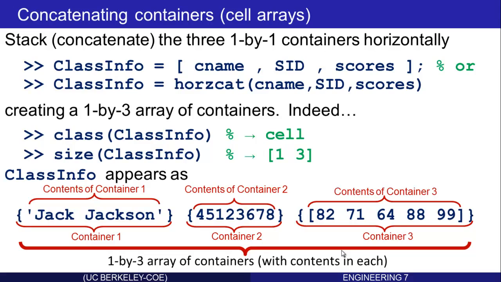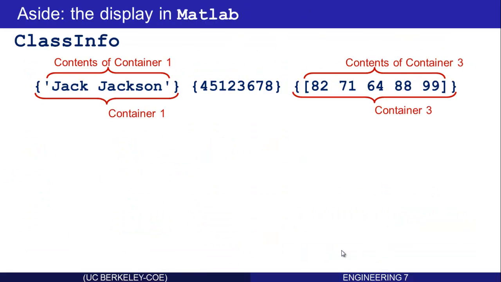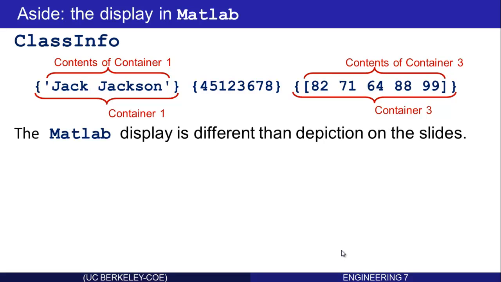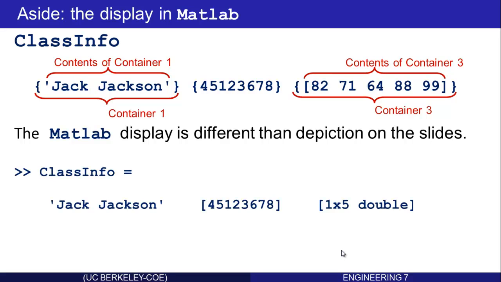It's worth noting that the way we're depicting the cell arrays here, shown inside their containers, is slightly different than the manner in which the display of cell arrays is done in Matlab. If we display ClassInfo in the Matlab command window, this is what we get.